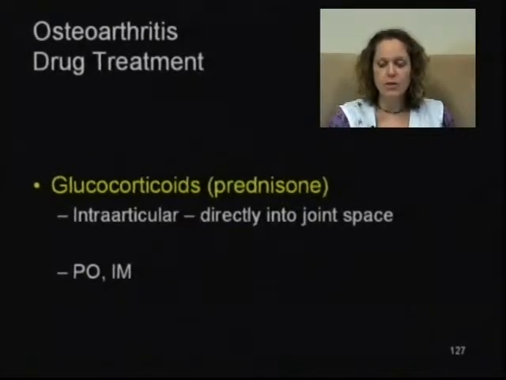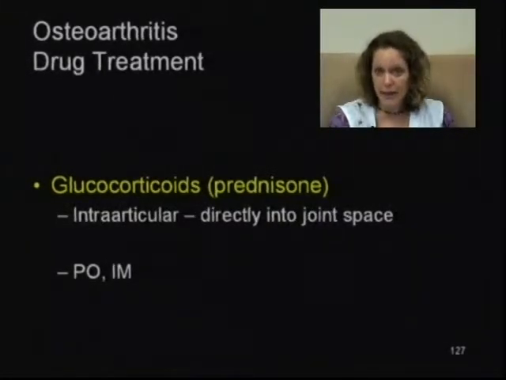Glucocorticoids like prednisone are another option. We can give these as an intra-articular injection. That means that we directly inject a needle into the joint space, and we put prednisone into the joint space to decrease inflammation.